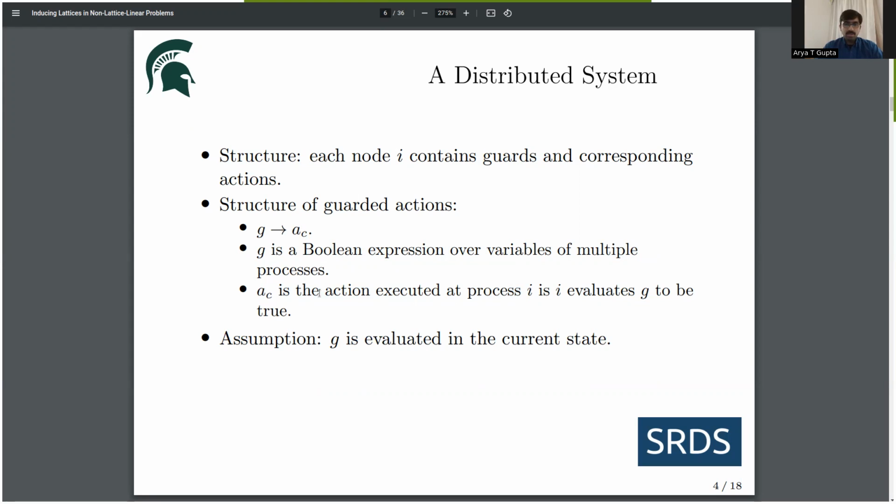There is an underlying assumption in most distributed system algorithms that we see, and that assumption is that G is evaluated in the current state. It means that the values of variables of the processes that G is evaluated on are assumed to be the fresh values, the latest values.